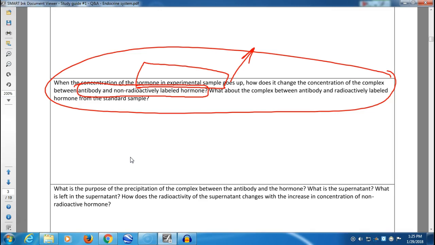The complex between antibody and radioactively labeled hormone, the opposite, goes down. Think of the example with the fans of two teams. When you increase the number of, say, Manchester City fans, the number of Liverpool fans in the stadium will go down because there are only so many seats.